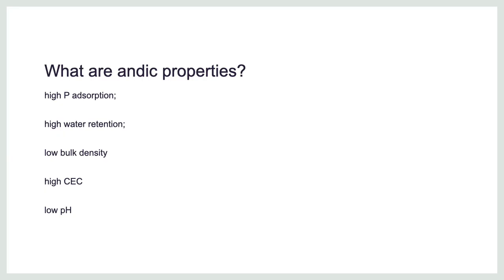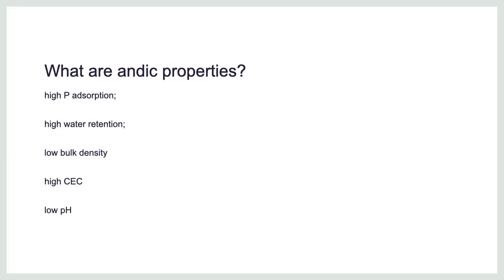So they present a high specific surface and a high CEC that can absorb water, anions, cations. The chemical behavior of these minerals is quite active compared to other minerals. It's why they are quite important, and it's why we call these andic properties and the melanic epipedon.